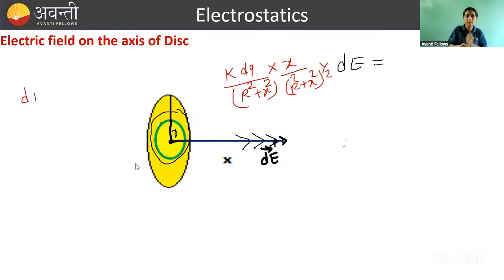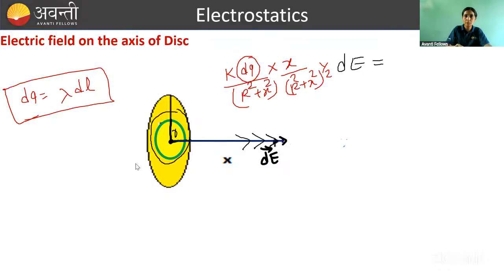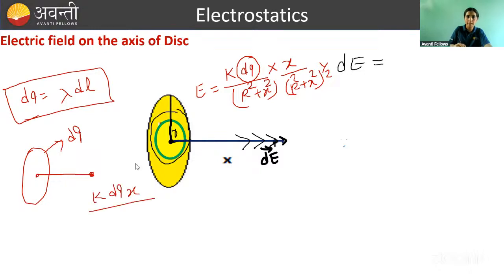And for dq, what did we write? dq was equal to lambda into dl. This is what we did for the ring, right? So if on a ring the charge value is dq, we can write the electric field like this. If there is a ring and this ring has a charge dq, then the electric field at any point on its axis will be equal to k dq x divided by r square plus x square to the power 3/2.